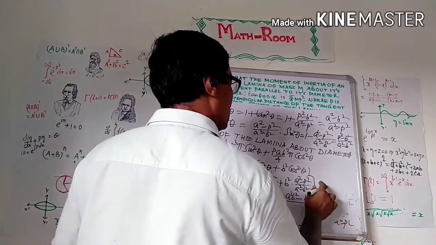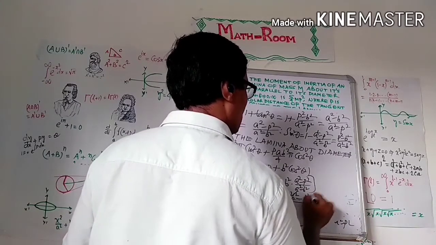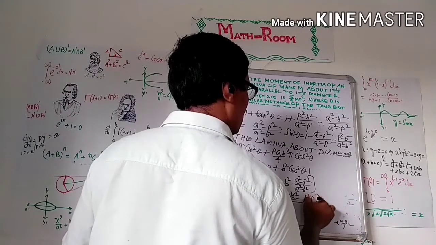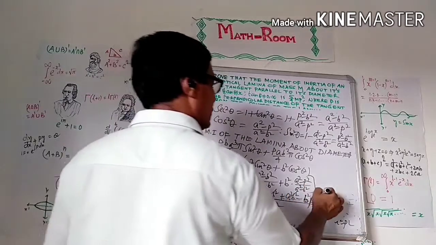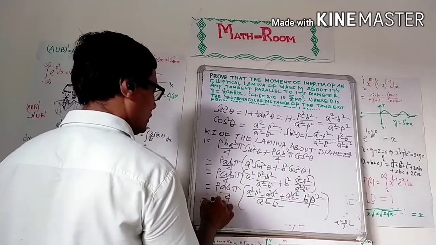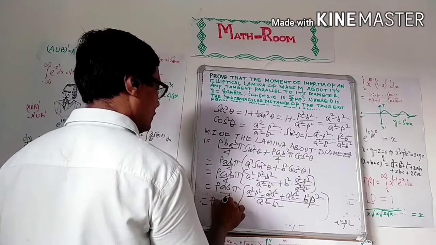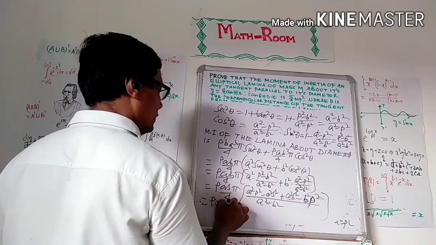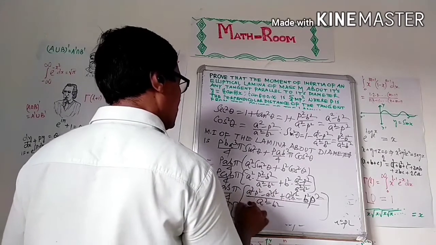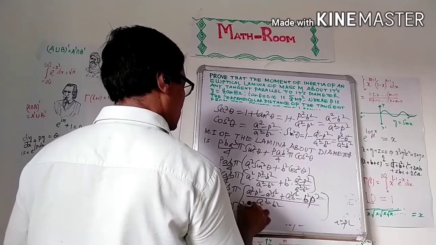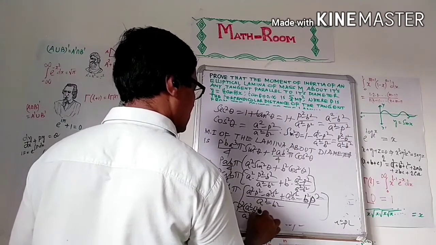These terms are cancelled out, and we get rho ab pi over 4 into b square into a square minus b square over a square minus b square.